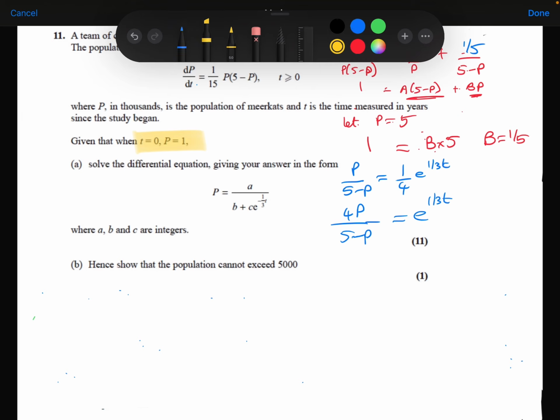Now let's try and start simplifying the left-hand side a little bit. Let's times both sides by 5 minus p. Let's expand those brackets. Remember that we're trying to make p the subject, so let's move all the p's onto one side.